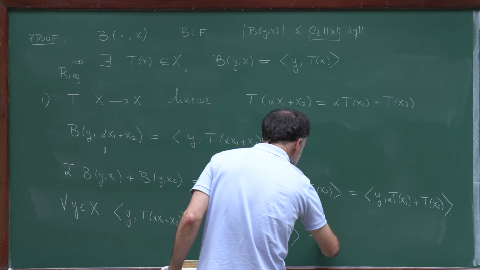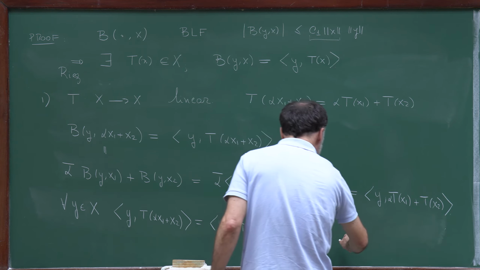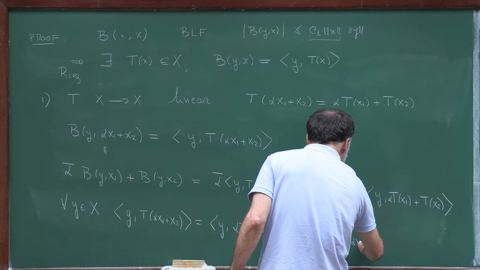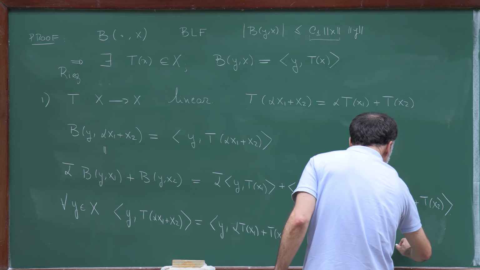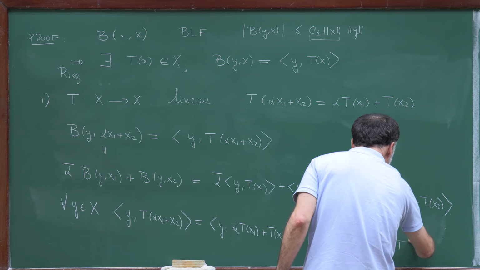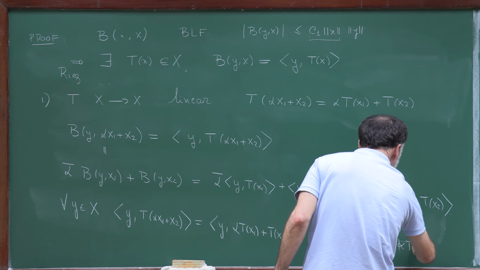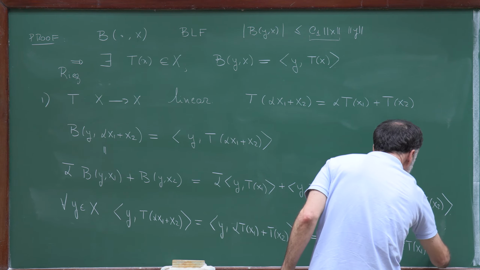And I claim that this implies that T(αx1 + x2) is equal to αTx1 + Tx2.